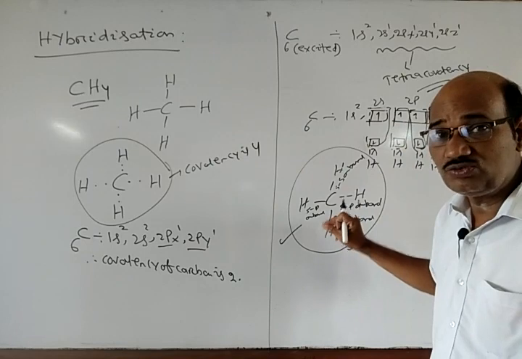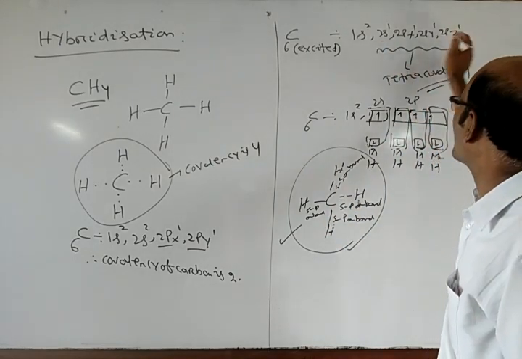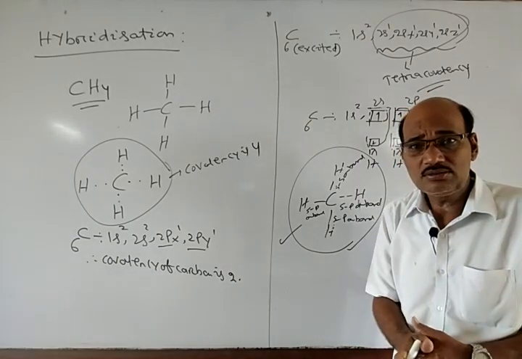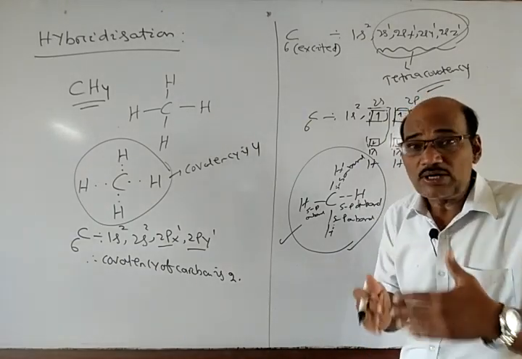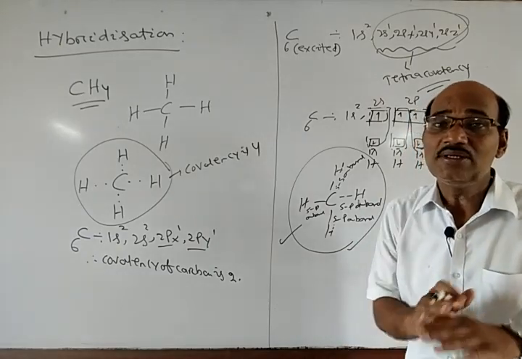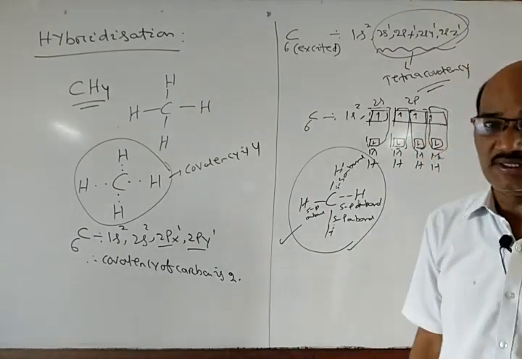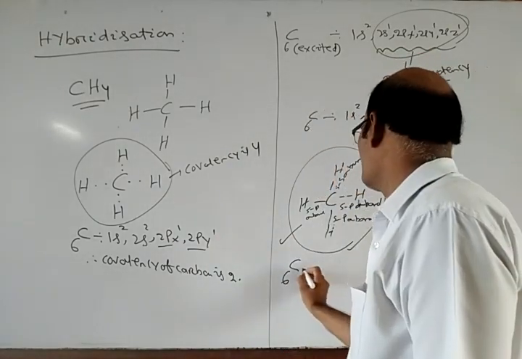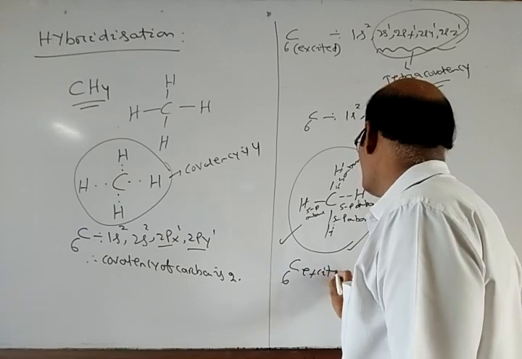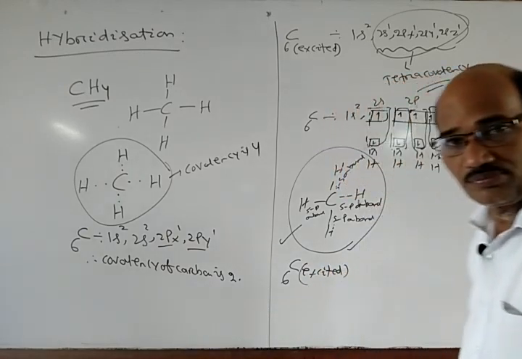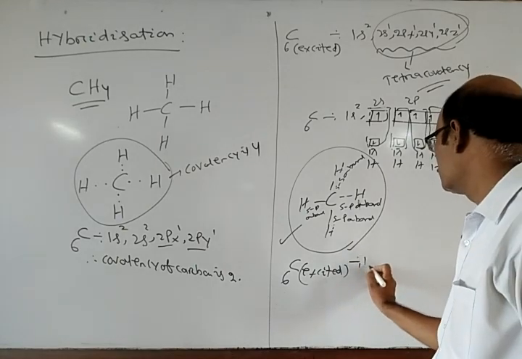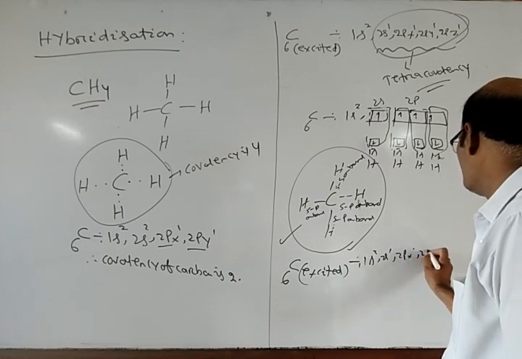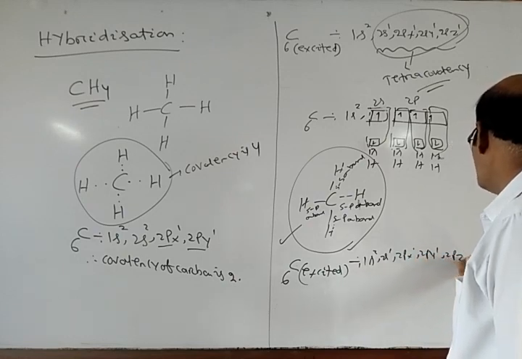So in hybridization, what happened? This s and p have mixed with each other to give new kinds of orbitals having equal energy and equal symmetry. In excited C6, we get 1s2, 2s1, 2px1, 2py1, 2pz1.